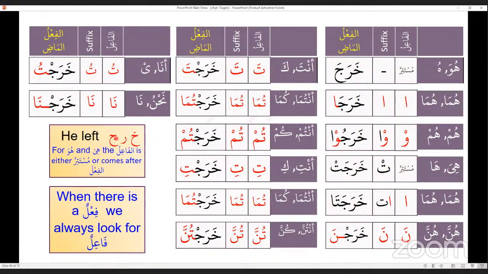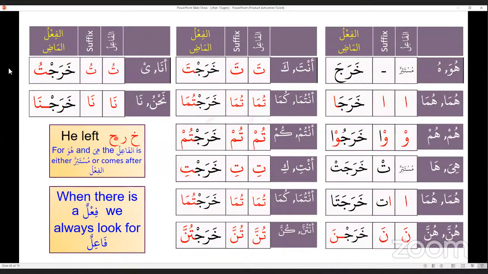So you need to do a lot of practice, and you can take different fi'l. Now you can take some of the fi'l which I took in yesterday's class. I took many fi'l, so you can take from them and write in your notebook and practice with different pronouns. Okay, different pronouns.